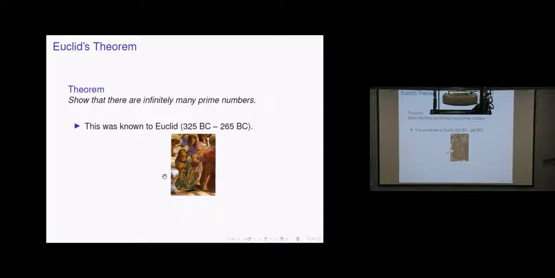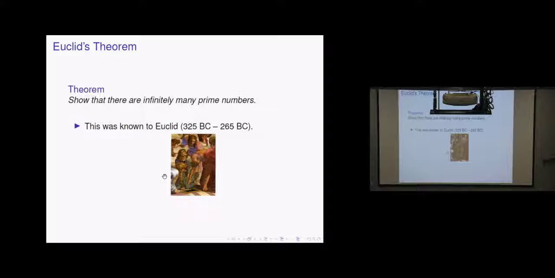Now let's move on to the other one. The other one is done by Euclid. Here the guy who is using a compass drawing some graph is supposedly Euclid. We want to show that there are infinitely many prime numbers. I think we have seen the definition of prime numbers.